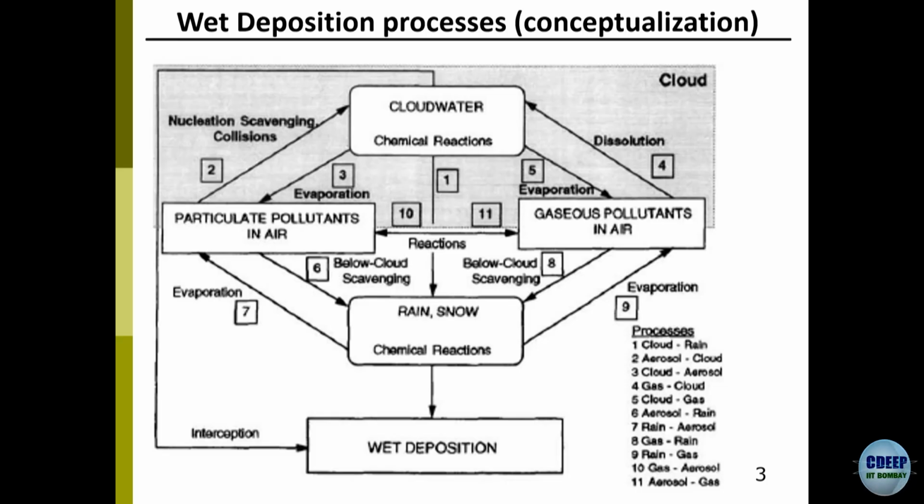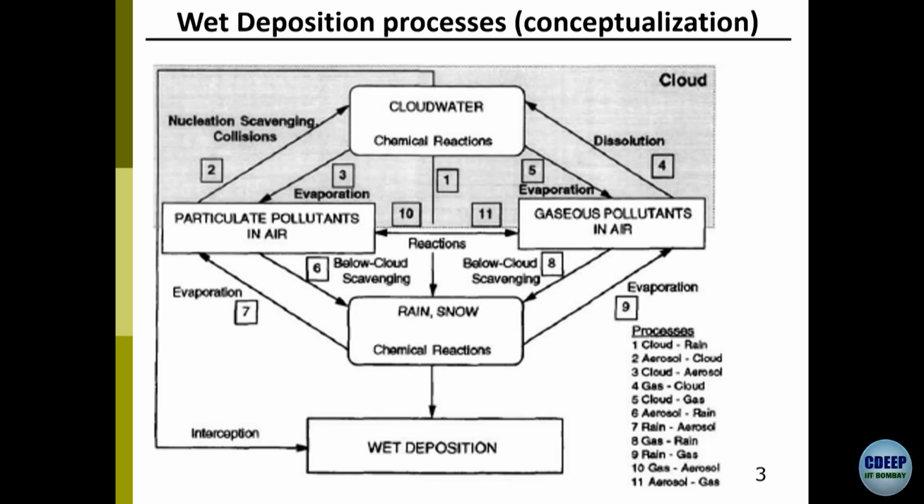But what is being pointed out is then the drop can evaporate and release particles. So it really goes in both directions. And again, even below cloud you have the same thing, that you can have scavenging, incorporation of the particle, and then the drop may evaporate. So you have that also going on.